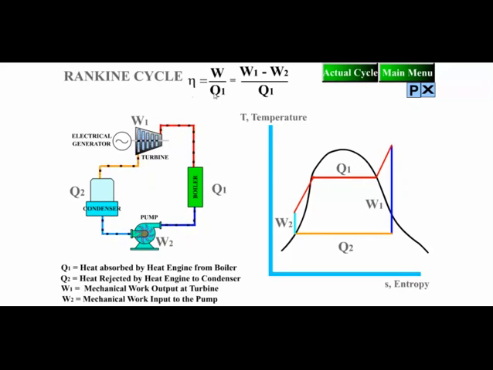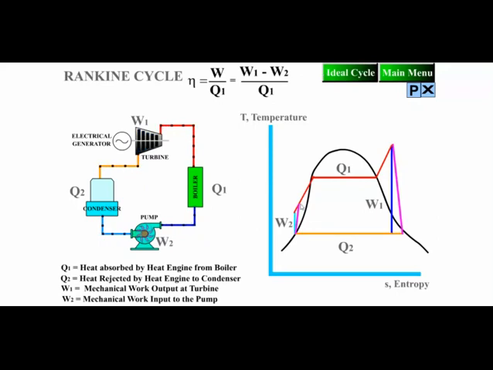And efficiency is again given as net work output, so W1 minus W2. W1 is the work produced by turbine, W2 is the work consumed by pump, divided by heat input that is given into the boiler.